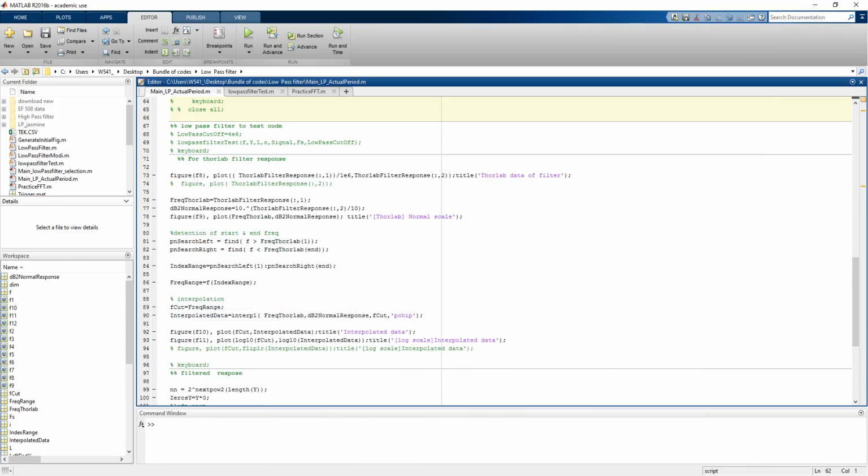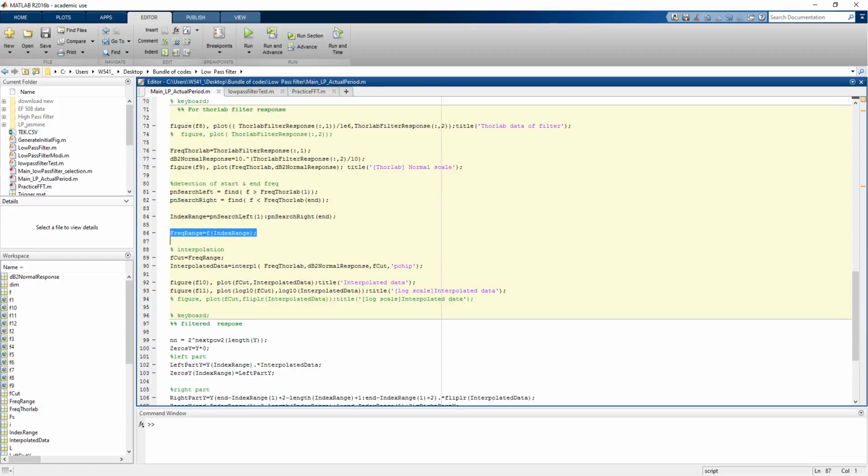We have to find the range of frequency that will be allowed by the low pass filter. So we find the starting frequency and the end frequency of our time domain data. So the frequency range that will be allowed is this original F. This is the time domain signal that we will send, and this is the frequency range that will be allowed.